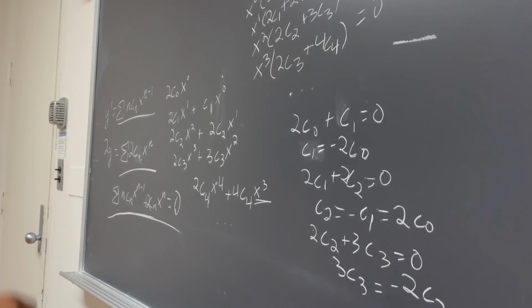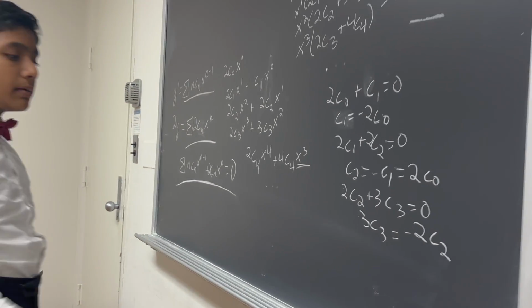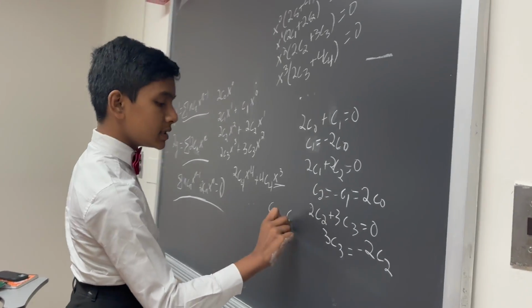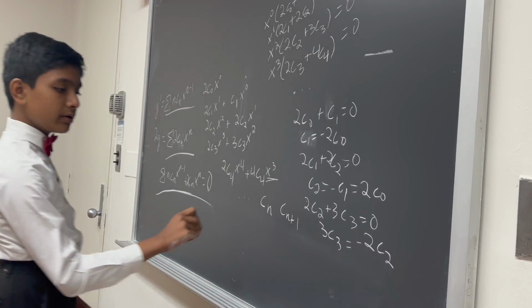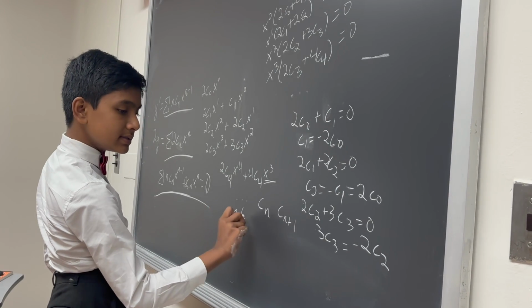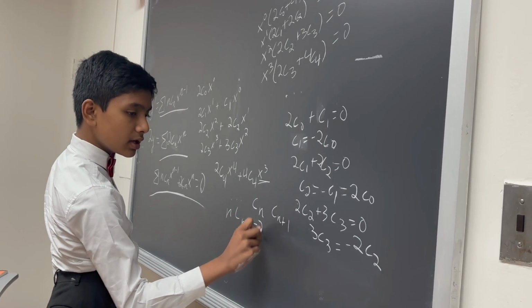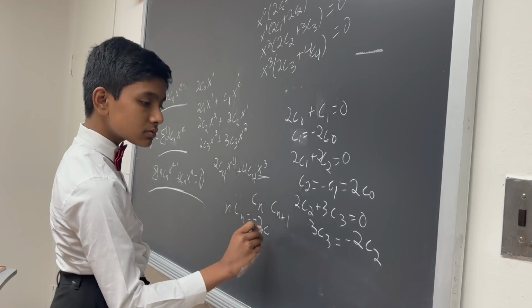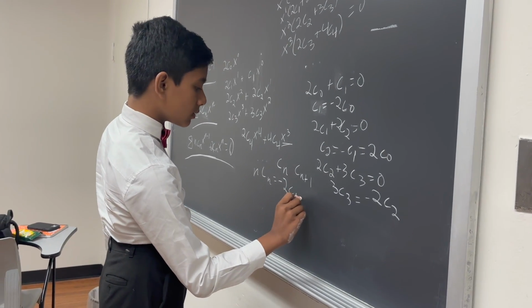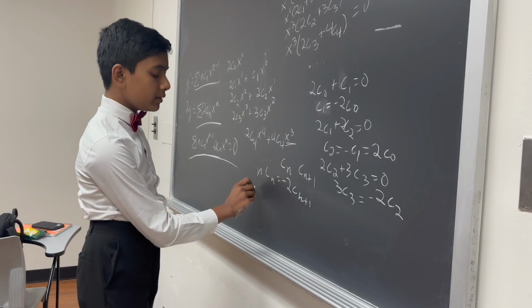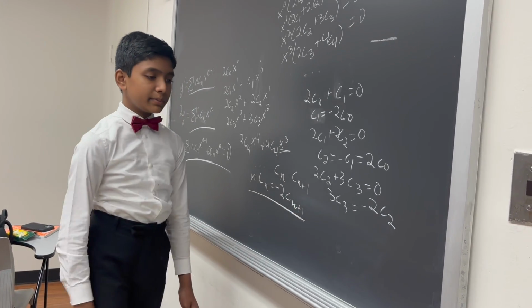So then, what's the overall relation between Cn and Cn plus 1? Well, what I'm gathering from here is that Cn is equal to minus 2 Cn plus 1. All right, pretty simple, huh? Pretty simple to follow, right?